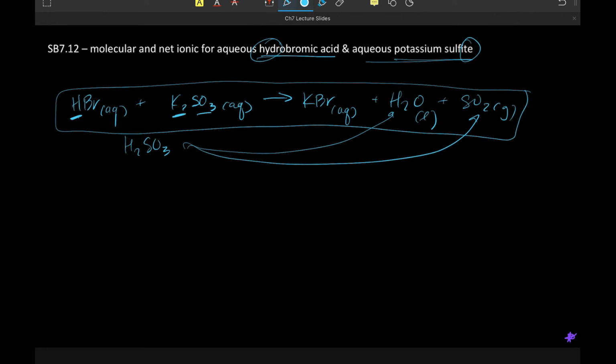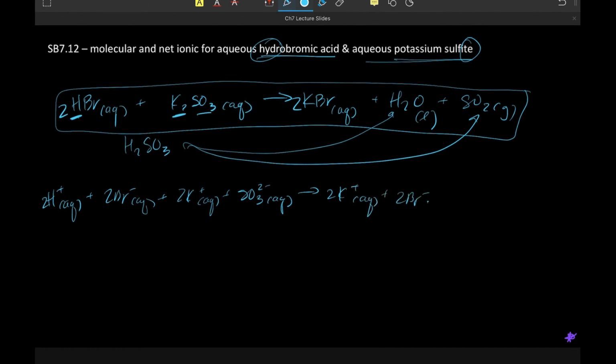If we wanted to break that down into a net ionic, again, we'd be looking for things that are ionic and aqueous. So let's balance this. We need 2 of those, and we would have 2 of these, and then I think that's balanced. So we have 2H plus aqueous, 2 bromides aqueous, 2 potassiums aqueous, and SO3 2 minus aqueous, and this is going to give us 2 K plus aqueous, 2 Br minus aqueous, water, not ionic, SO2, not ionic.